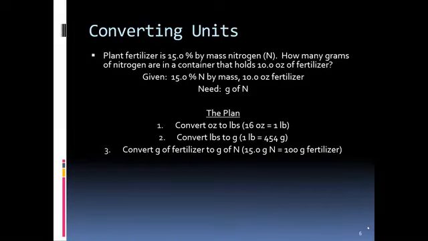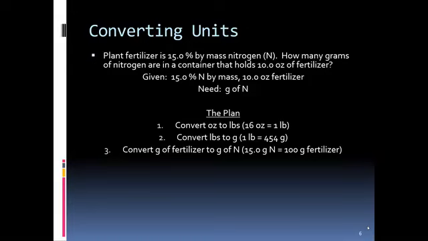I note that there are 454 grams in 1 pound. Third step, convert grams of fertilizer, which you have from step 2, into grams of nitrogen by utilizing the percentage, which can be interpreted as 15 grams of nitrogen per 100 grams of fertilizer, as it is 15% by mass.